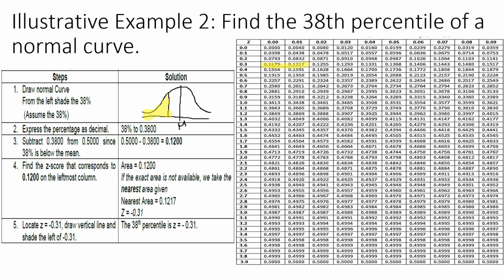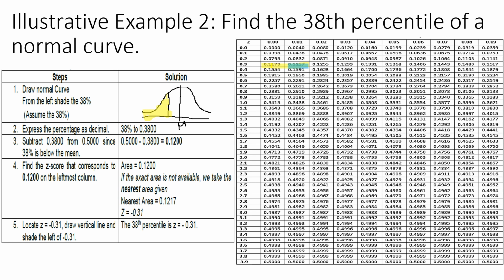0.1179 or 0.1217? So 0.1179 is how many units away from 0.1200? So it's 21, no? 21 units. While 0.1217 is only 17. So therefore, we will pick 0.1217 as the nearer area.